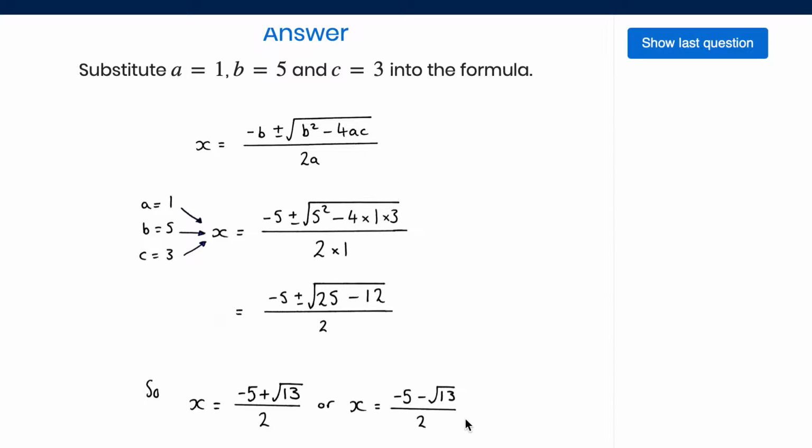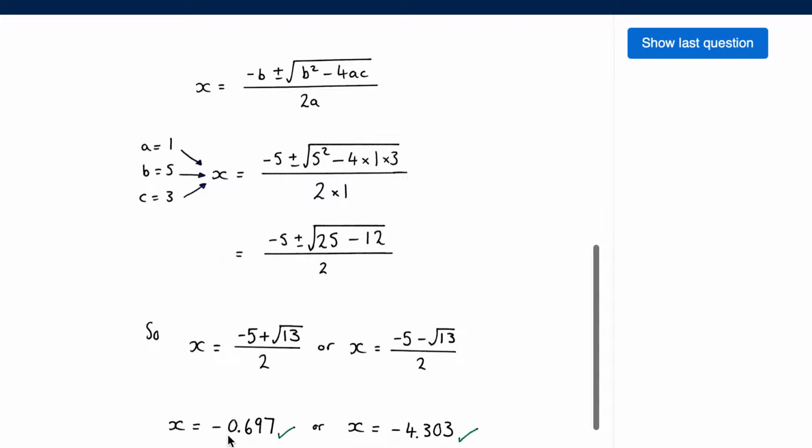And these can be entered into your calculator. So you first have to press the fraction button and then enter minus 5 plus root 13 on the top row before pressing the down button to enter 2 into the bottom row. Pressing the equals button will give you an answer of minus 0.697, correct to 3 decimal places.